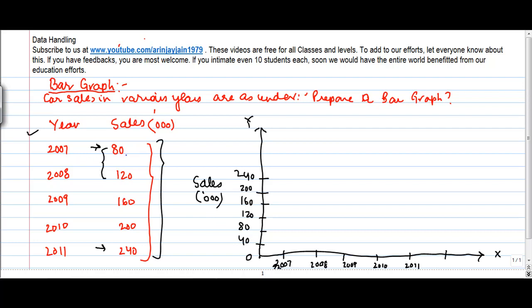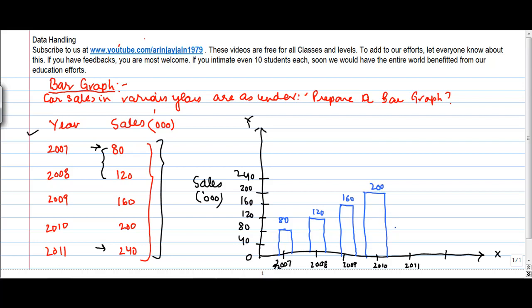So for 2007, I have 80, which is this. So I draw a bar for 2007, which goes from the x-axis to point number 80. 2008, it's 120. So you can also write the values here. 120. Then 2009, 160. 2010, 200.